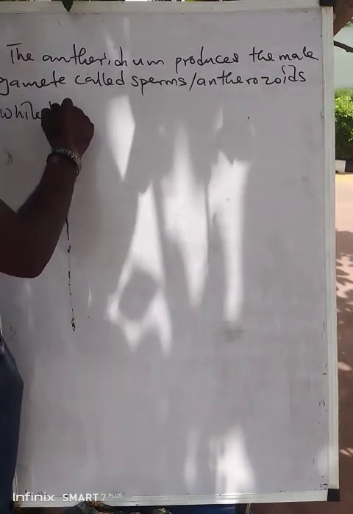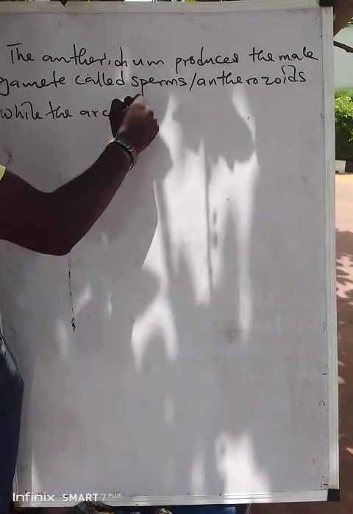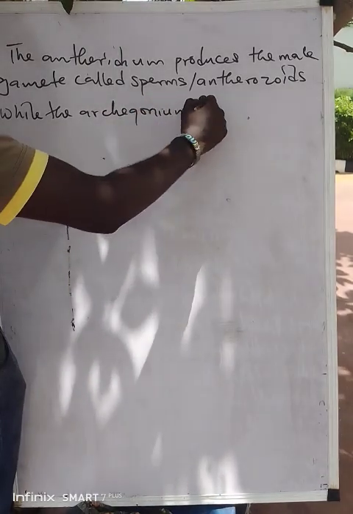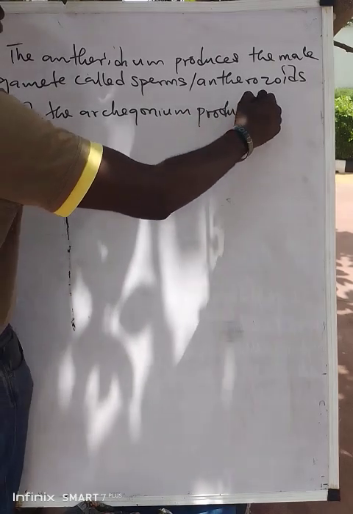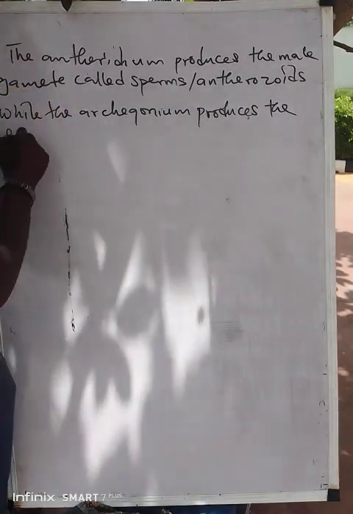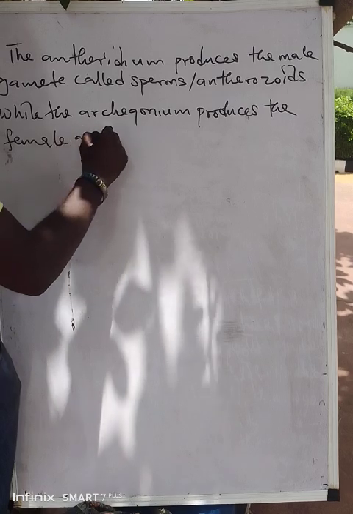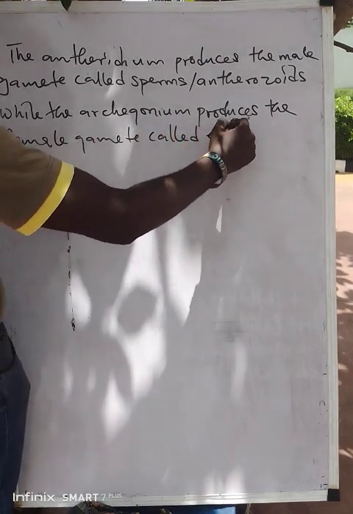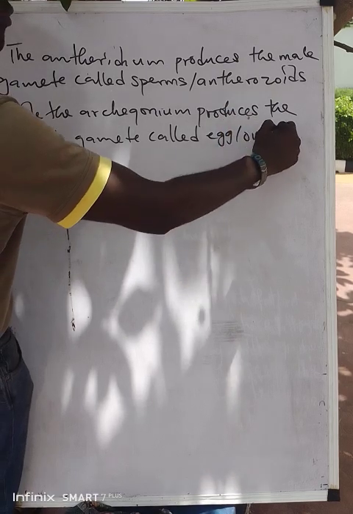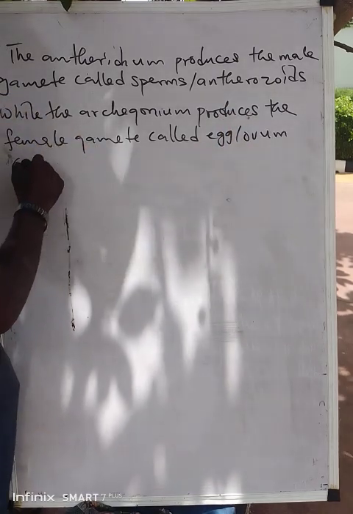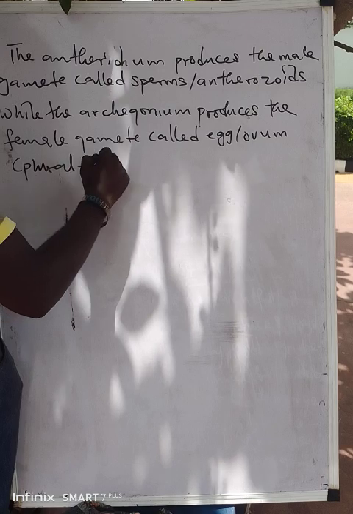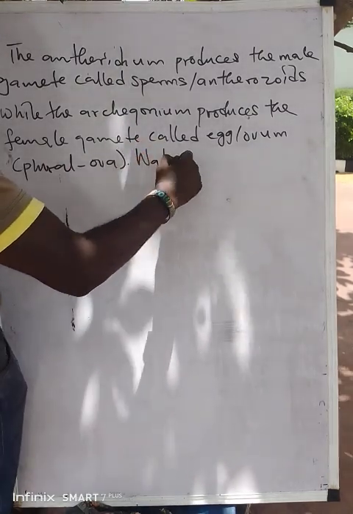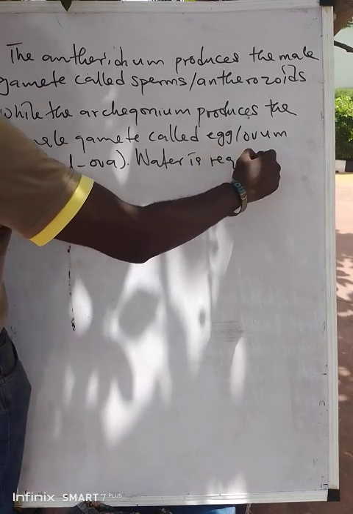While the archegonium produces the female gamete called egg or ovum, plural, ova. Now take note of one thing: water is required. Why?